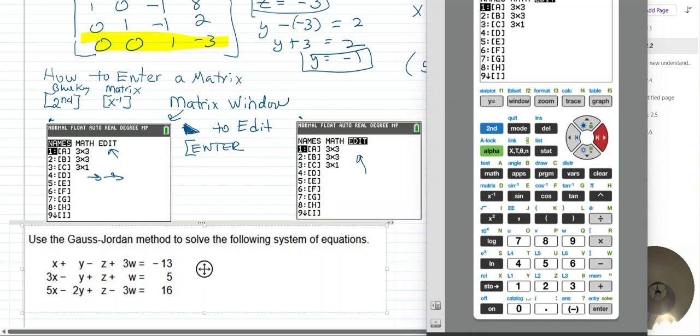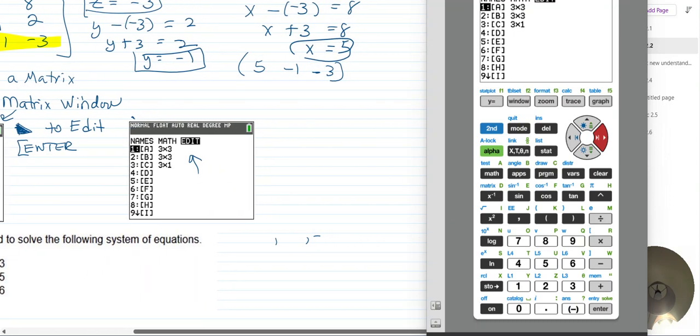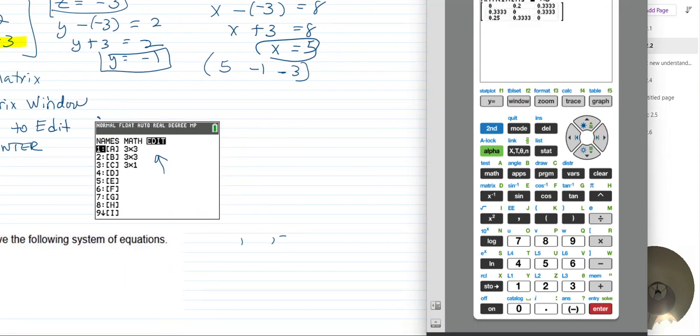So we hit enter. All right, once we hit enter, again, you'll see this guy. And on the flashing cursor, you enter row first by column second.